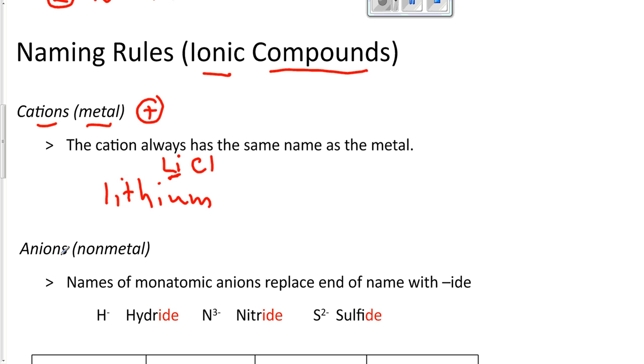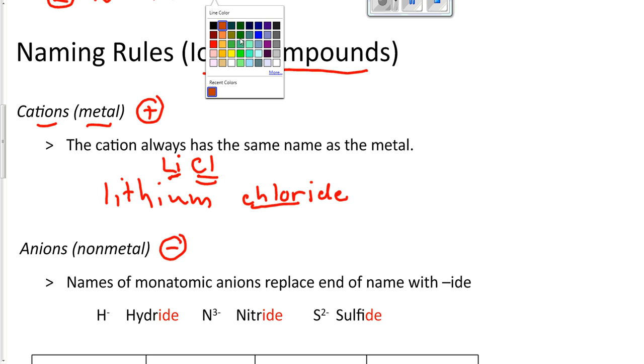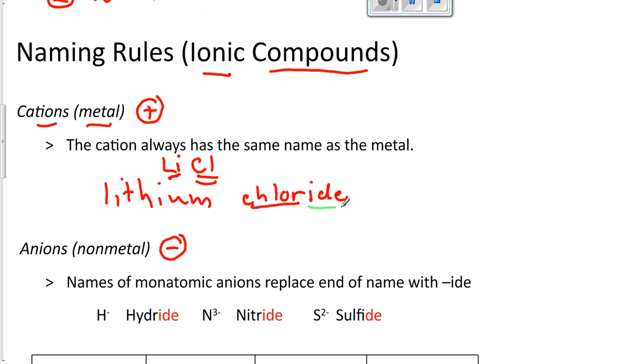And then if we go down for the anions, these are the nonmetals. These are what have negative charge. As opposed to being chlorine, we would say lithium chlorine, we're going to change it to lithium chloride, C H L O R I D E. So we've kept the root here, chlor, and we've added this "ide" here at the end, and that helps us to make sure that we've changed the name to "ide" so that the correct name is lithium chloride.